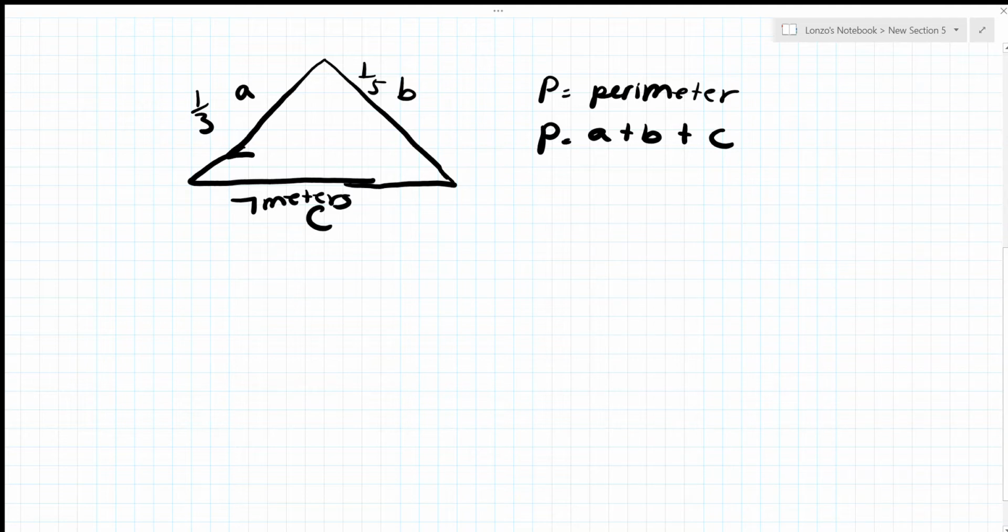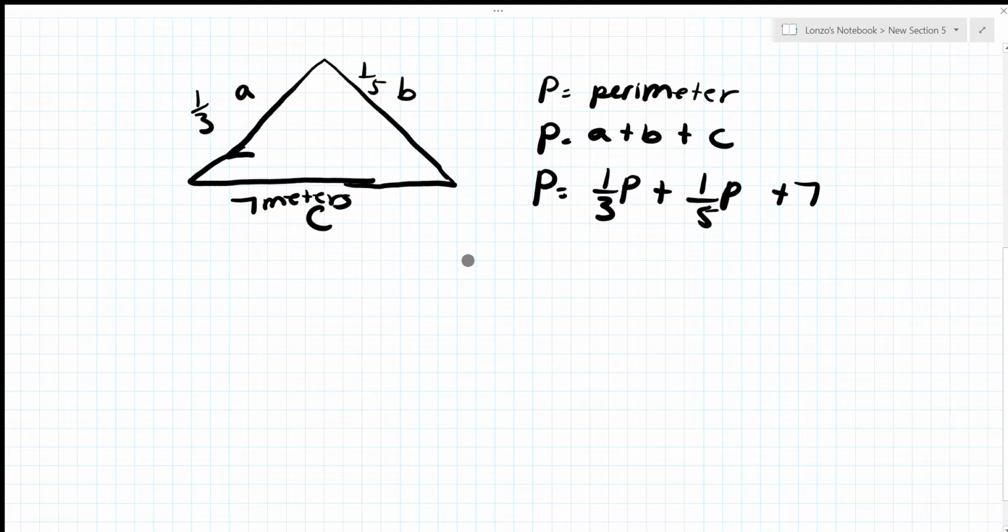Now remember, side A is 1/3 of the perimeter, 1/3 P. And this side is 1/5 of the perimeter, so it's going to be 1/5 P. And then we know that C is just regular 7 meters, so you add 7.